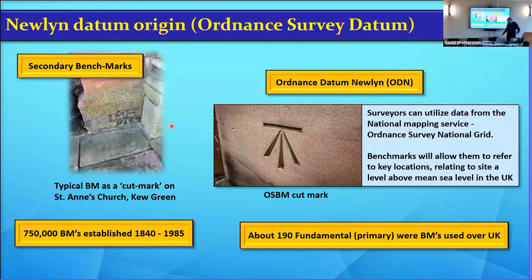Benchmarks. So this is a nice cut benchmark, right? They were used way back when, and when they mapped the UK, they put trig pillars, which is this thing up here. No, it's on the next one, sorry.